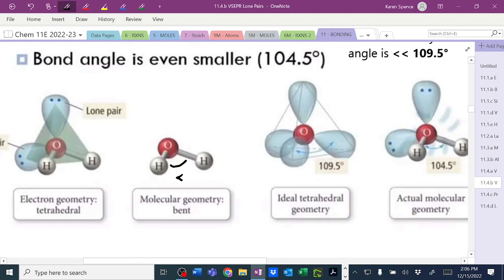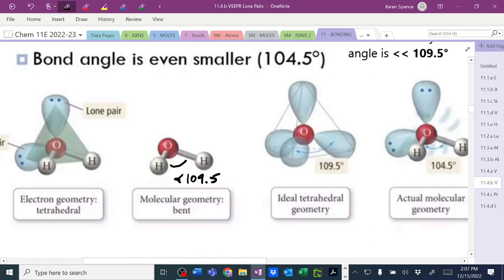Less than 109.5. And if we were to compare it with ammonia, which one would you expect to be smaller, water's bond angle or ammonia's bond angle? Water, because it's got 2 lone pairs repelling. You might even say less than 109.5, but I'm not going to do that because it's too complicated and confusing.